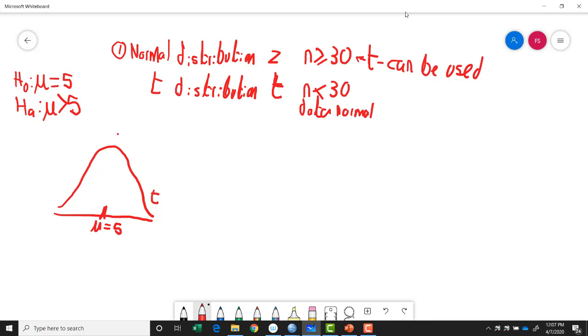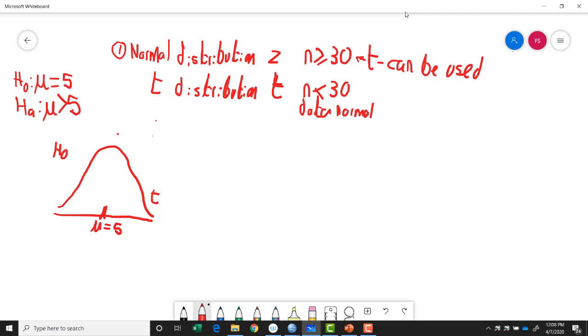In any hypothesis testing, this is basically the distribution of H0. We're assuming the mu equals 5, and then we're trying to see how far away we are from the mu equals 5. Generally, we can assume these distributions using something called the central limit theorem.